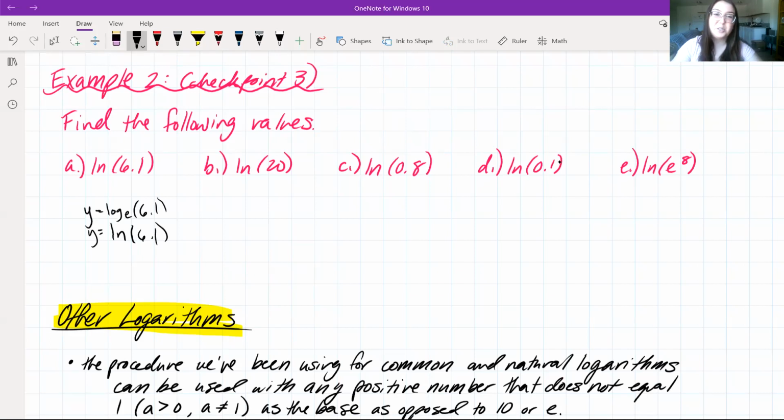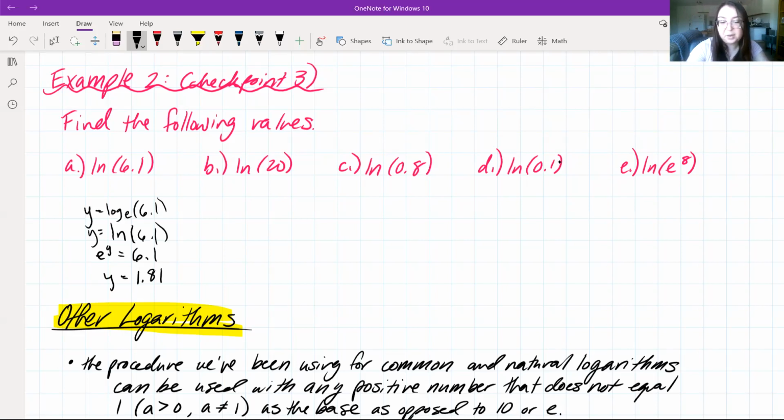Your calculator should have a function that's just listed as ln, so you shouldn't have to specify log base e. Now, since we know that e to the y power is going to be equal to 6.1, we can use a calculator to calculate what this might be. And we get that y is equal to 1.81.